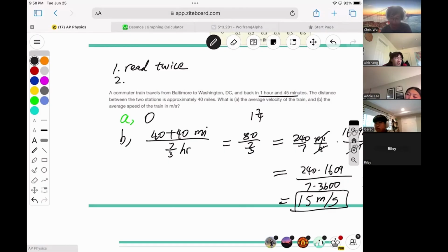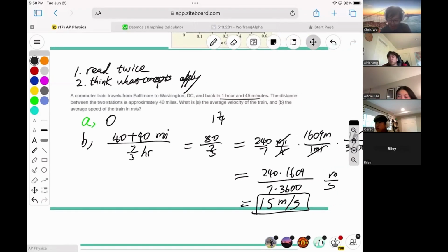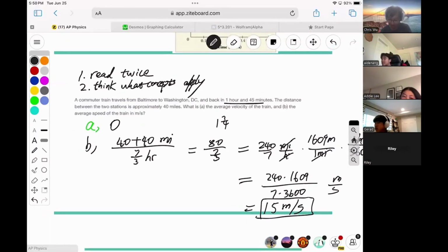And then you kind of do this with the second step as well: think what concept applies, right? In this case, as I'm reading it, I know, okay, this is a kinematics problem. It is about velocity and displacement and all that. So I know that's the thing they're testing. It's not about energy. It's not about force.